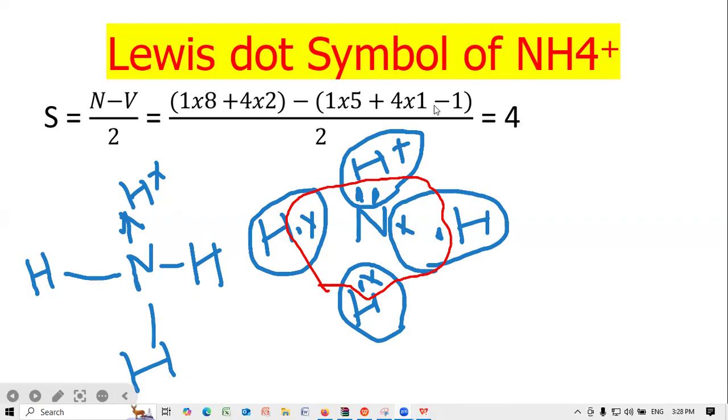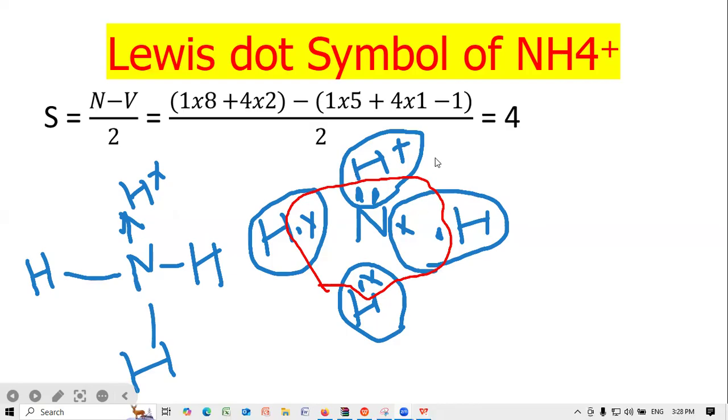That's why I have deducted or subtracted 1. See, divide by 2. That's why we get 4 for the number of covalent bonds. We have to make 4 covalent bonds, and we have to complete the octet of the nitrogen and the duplet of the 4 hydrogens.